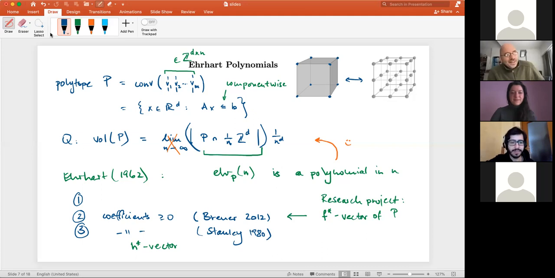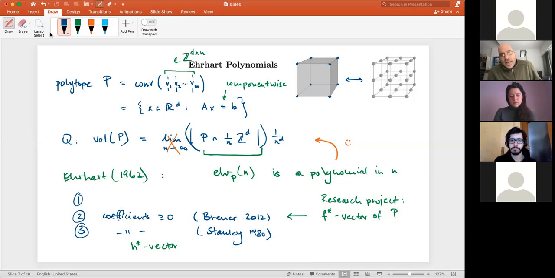So there's an F star vector and an H star vector, and like Alessio is saying, most of you know of F vectors and H vectors. One reason for this notation is that if your polytopes are very special, then they have what's called a unimodular triangulation. It's a special kind of triangulation, and we'll talk about those on Wednesday. Triangulations have F vectors and H vectors by counting faces in the triangulation.